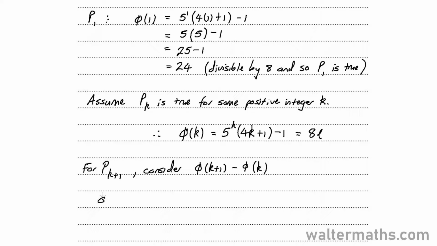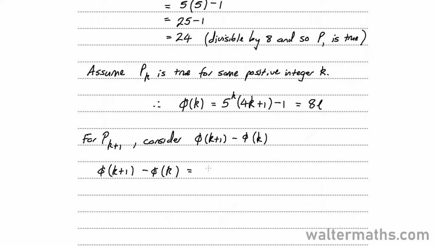So we are saying here phi of k plus 1 minus phi of k is, for phi of k plus 1, we are substituting k plus 1 for n, so we'll be having 5 to the power of k plus 1, and it's going to be of 4 of k plus 1 plus 1 minus 1, and it's going to be minus phi k.